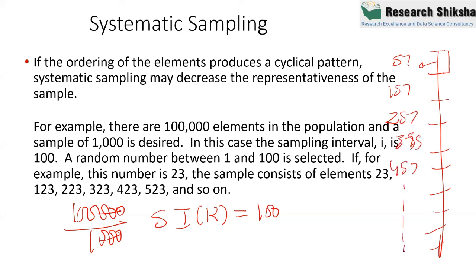The first person comes from the sampling interval, and after that I just add 100 to it to get my sample. This is called the systematic sampling method. If this number is 23, I'm finding any number between 1 and 100, and all other numbers will be 23, 123, 223, 323, like that.